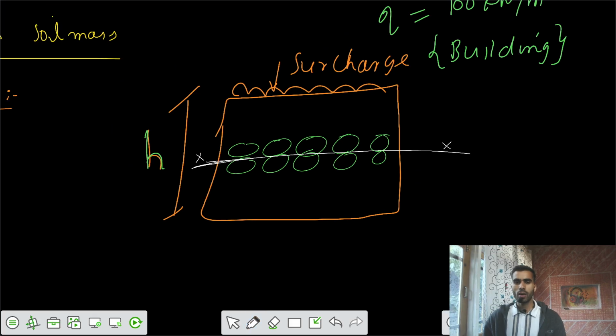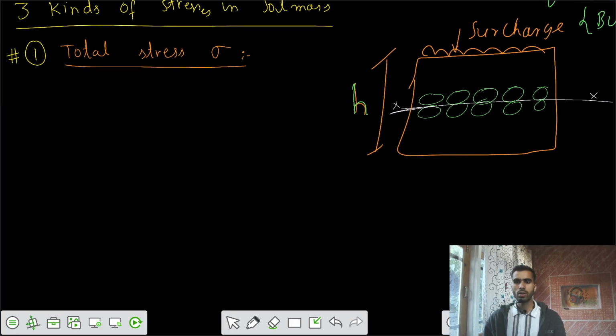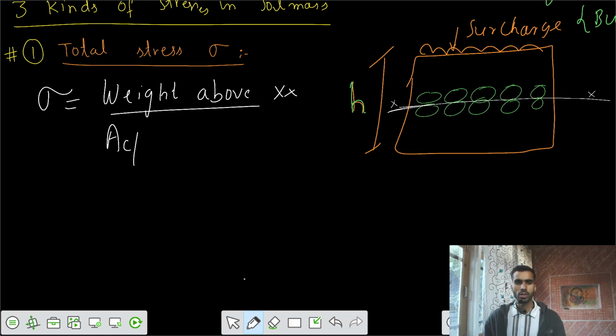On that section, how do you calculate the total stress? Total stress is the weight above that cross section divided by the area of that cross section.